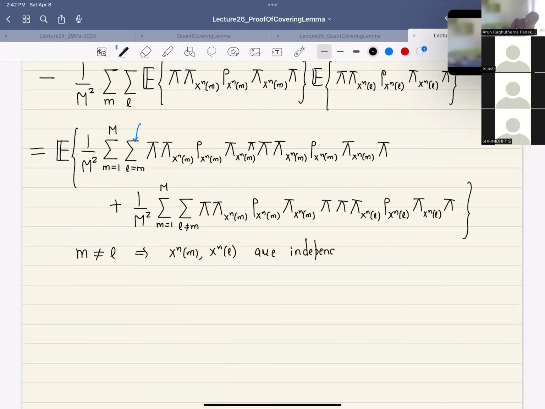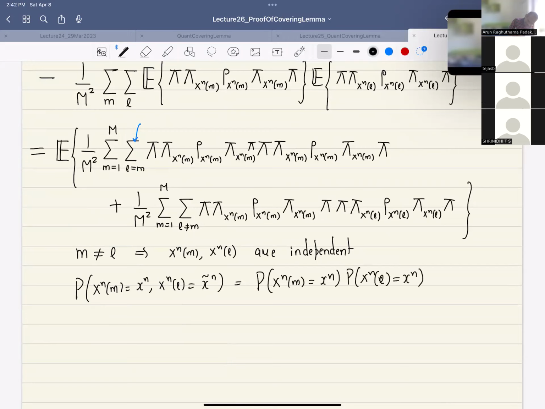That means that the probability that xn of m equals xn and xn of L equals, let's say, x tilde n factorizes as a product. It is very important, extremely important in all of probability theory. Independence. So this is just p xn of xn times p xn of x tilde n.